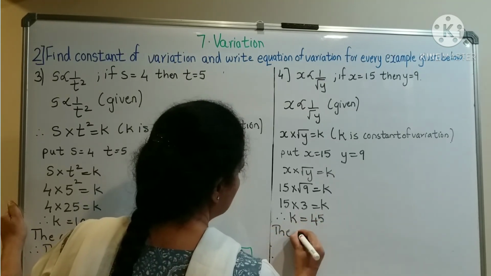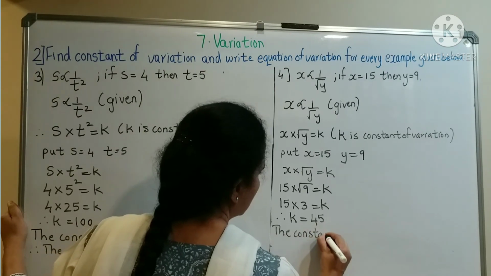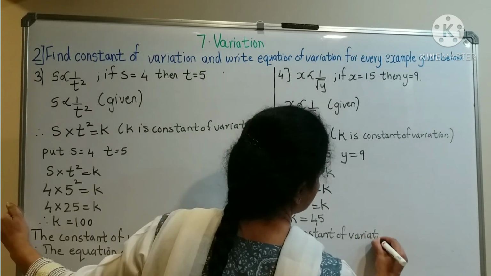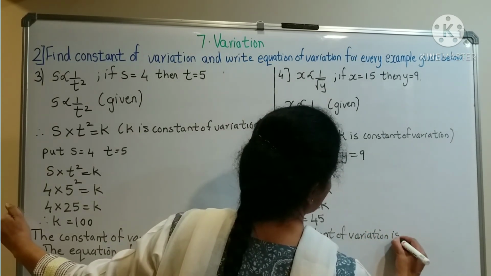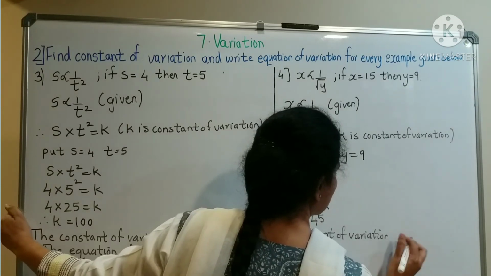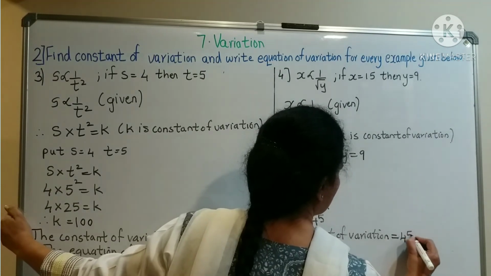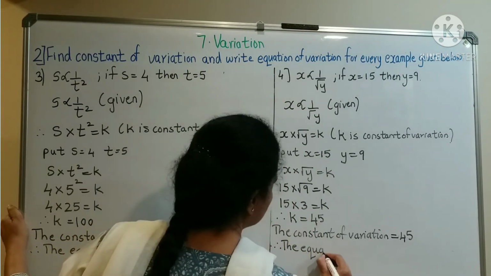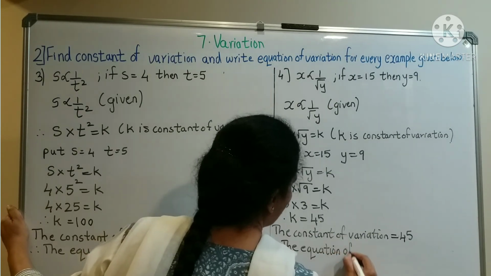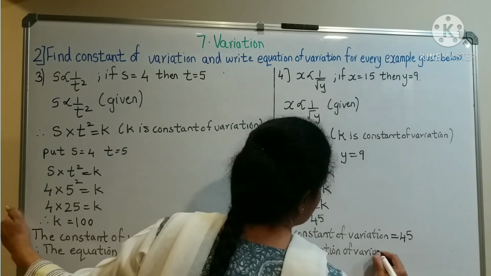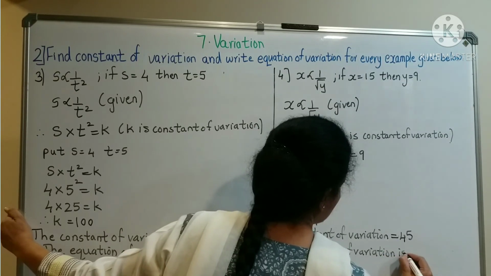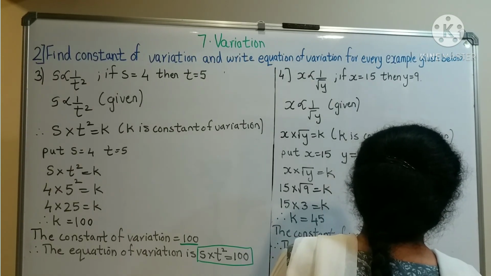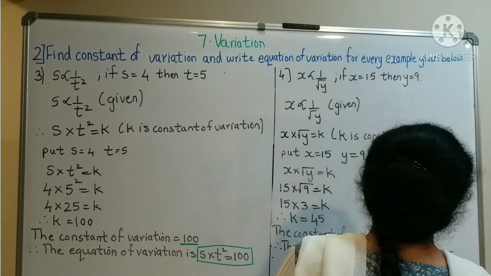The constant of variation is equal to 45. Therefore, the equation of variation is x into square root of y is equal to 45.